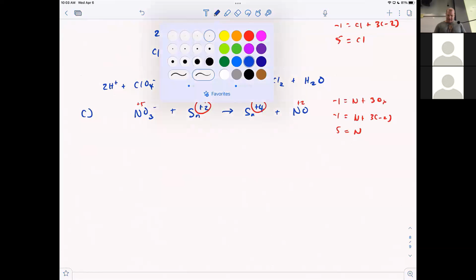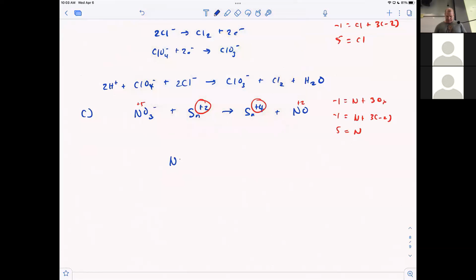So our half reactions are NO3 minus plus 3 electrons makes NO, and then tin plus 2 yields tin plus 4, and then generates 2 electrons. So lowest common denominator of 3 and 2 is 6. So 2, 3.